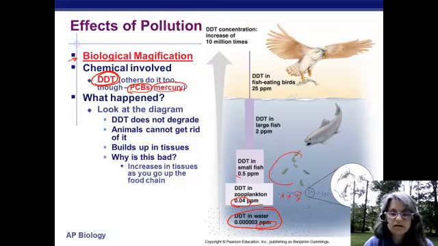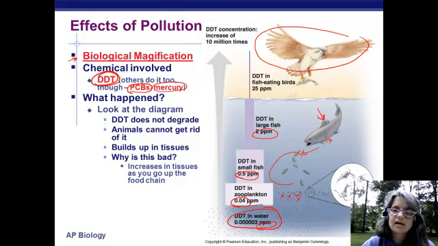It doesn't degrade. So now we've upped the concentration again. When the larger fish eat the smaller fish, again, it's not going to degrade. It's going to build up in their tissues, 2 parts per million, until we get to the top level predators eating this guy, and he's going to get a huge dose of this toxin in his body that's not going to degrade.